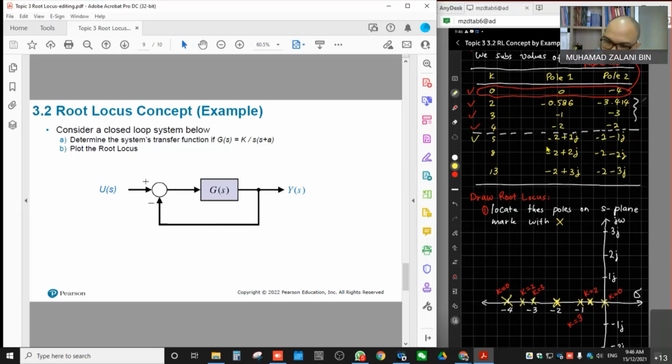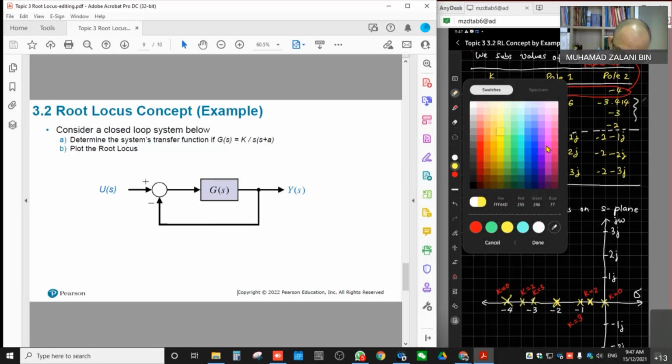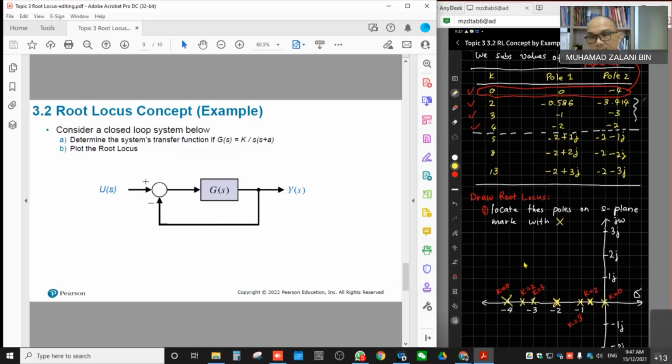So if we continue k equals to 5, I'm still going to use the same color, yellow one.